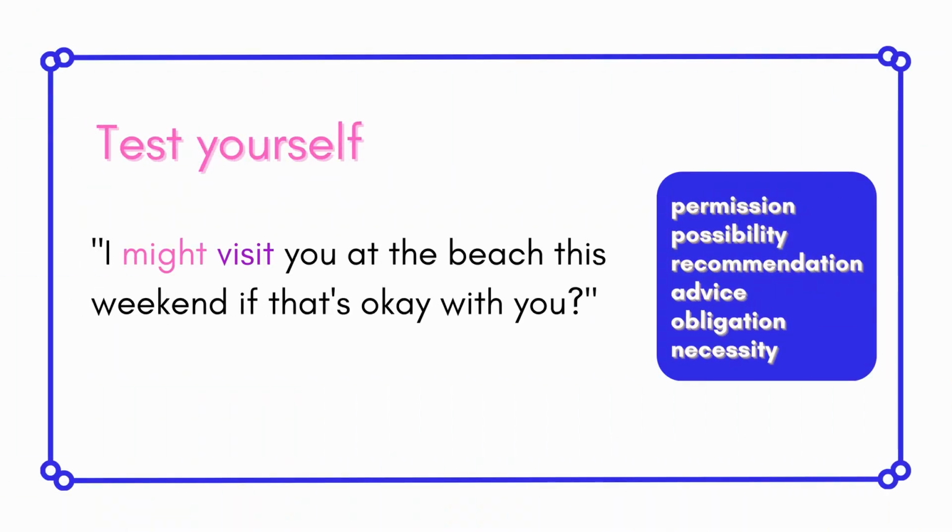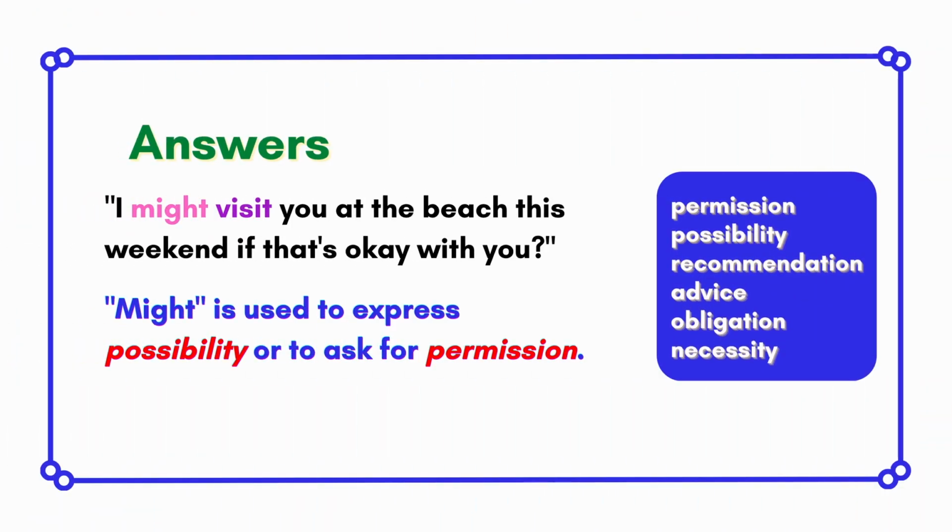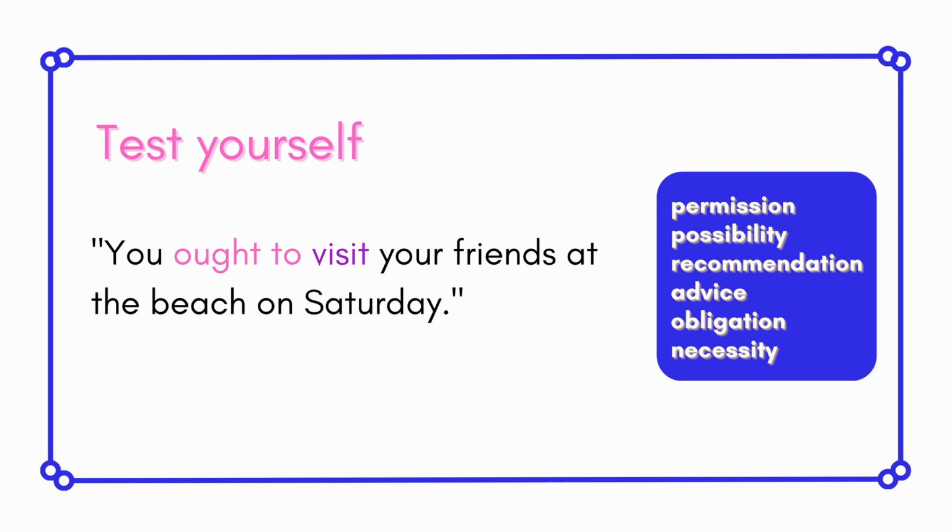Okay, how did you do? Let's look at them again and compare answers. I might visit you at the beach this weekend, if that's okay with you. Now here, might is used to express possibility when asking for permission. Number 2, you ought to visit your friends at the beach on Saturday. What do you think?